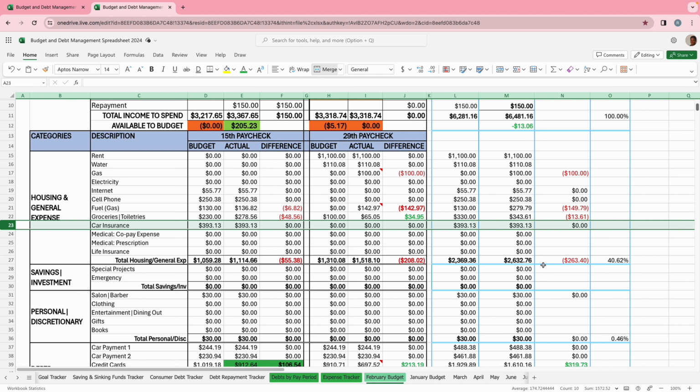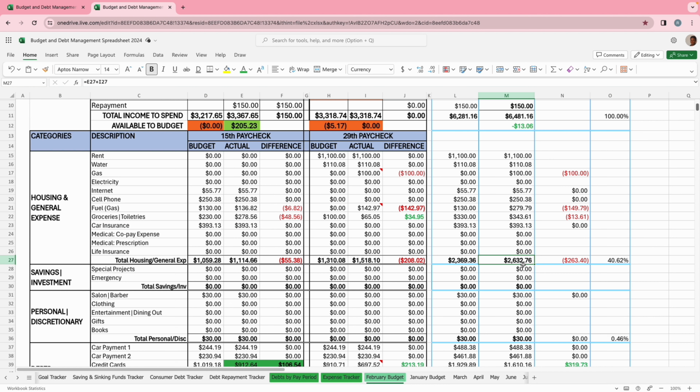That's a difference of $263.40 over the amount that I budgeted, and this $2,632.76 is actually 40.62% of the total income for the month.